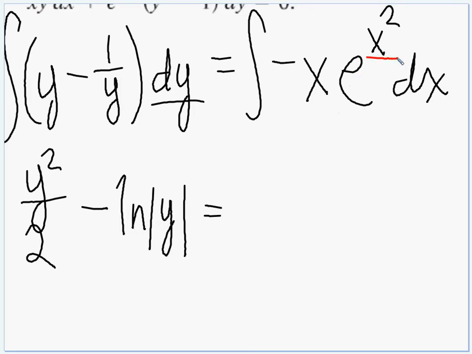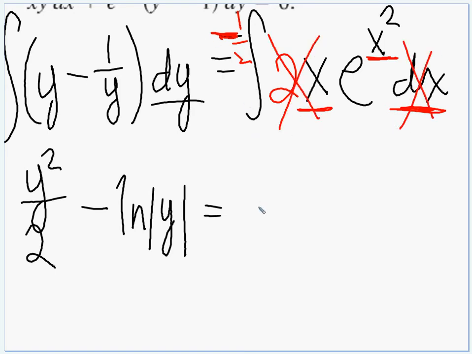So if this is our inner function, e to the x squared, what's the derivative of x squared? 2x. We need a 2x dx. We've got the x and the dx. We don't need the negative, so we could just pull the negative out front. But we do need a 2 here, and we'd balance that with a 1/2. So now we're ready to antiderive. Again, the rocket fuel will burn up. We'll have a negative 1/2 e to the x squared power plus our constant.